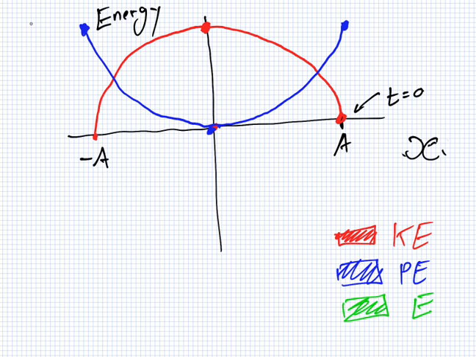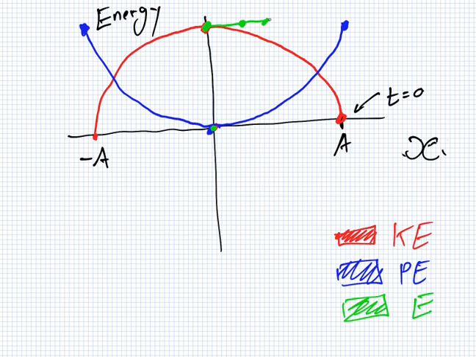Up the top here. Because if you think about it here, there's no potential energy, all kinetic energy, so the total energy is here. Now if I move a bit to the right, I have less kinetic energy, but I have a little more potential energy, so when I add them together it still stays up the top.